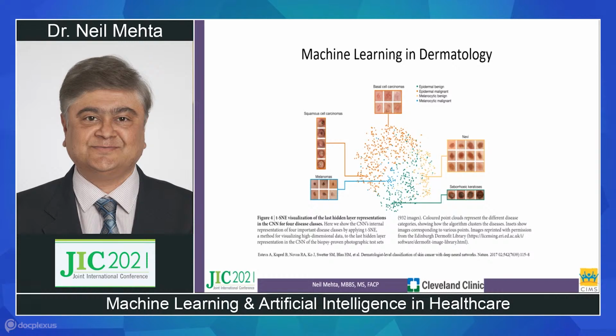The authors trained the algorithm with over 120,000 images and then tested the algorithm against 21 board-certified dermatologists. And what they were looking at was comparing keratinocyte carcinomas like squamous cell cancers versus seborrheic keratosis, which is benign, and malignant melanomas versus benign nevi.